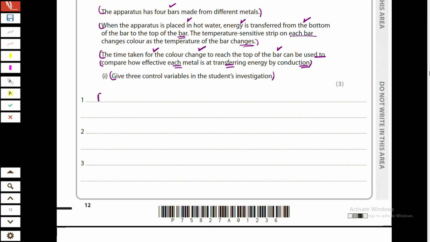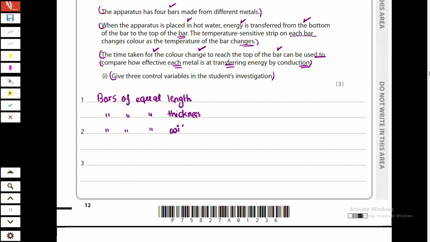All bars of equal length, that will be shorter. Bars of equal length, then bars of equal thickness.